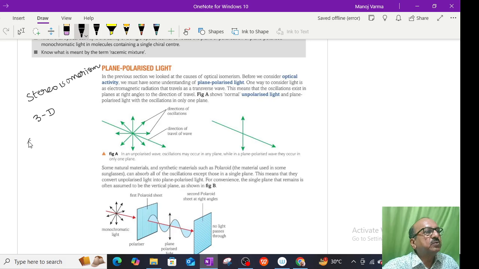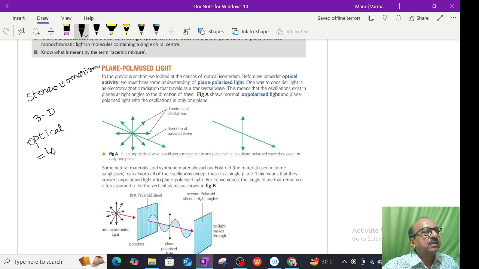So as soon as you hear the word optical, it reminds you of light. So optical has to do with light. Obviously a question can come to your mind that light basically is a concept in physics, so why are we talking about light in chemistry?